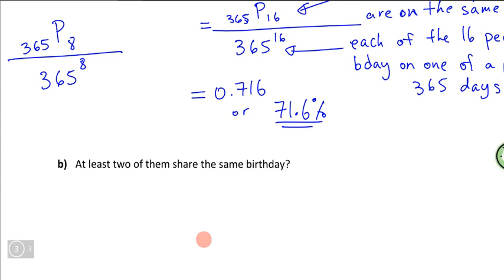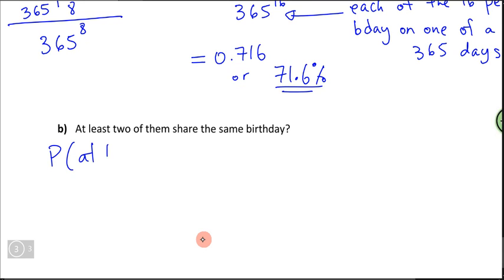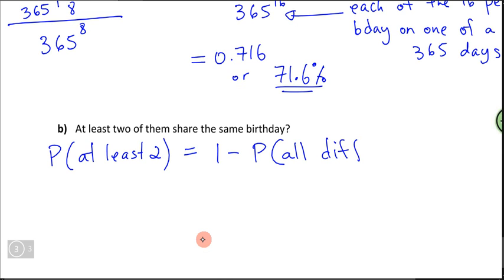Part B, what is the probability of at least 2 of them sharing the same birthday? So the probability of at least 2 sharing the same birthday is equal to 1 minus the probability of them being all different. Okay.